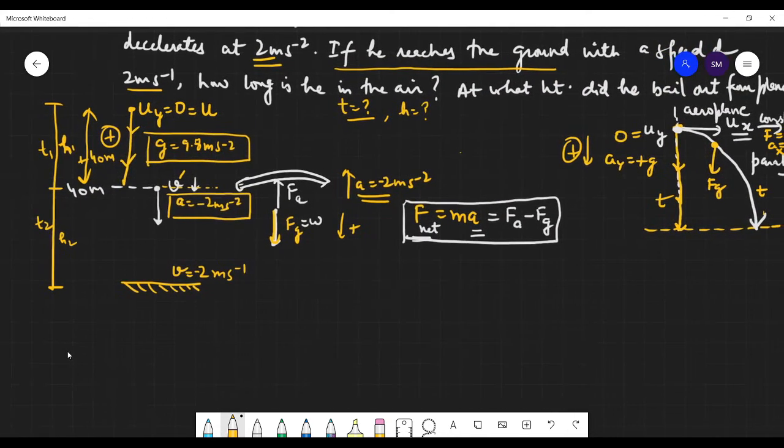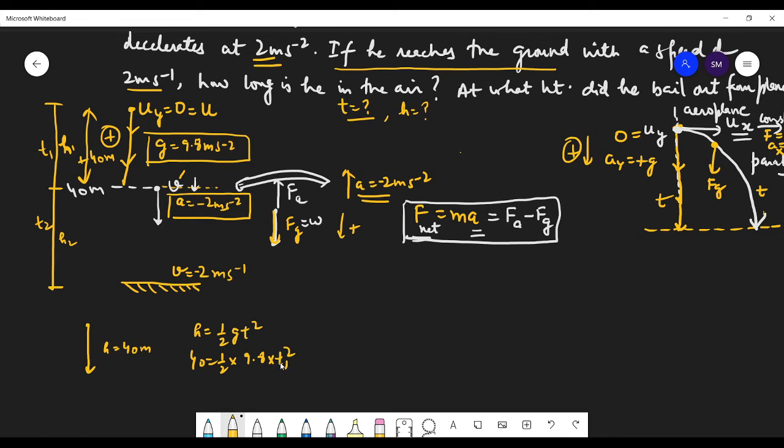So this is a simple case, case 1: the body drops downward, and this is 40 meters. h equals half gt square, so 40 equals half into 9.8 into t square.